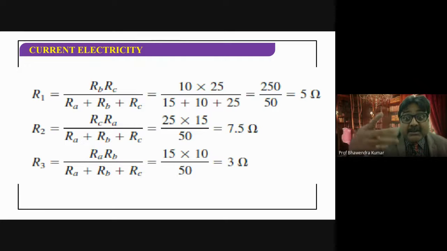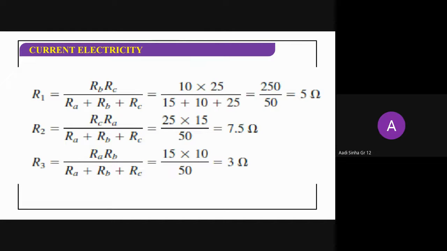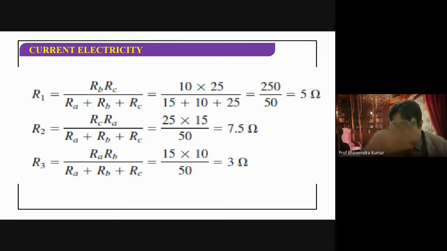In such a case, how to proceed? We cannot wait to apply Kirchhoff's laws and solve all the circuits, right? We don't have that much time. So we convert the circuit to an easier format so that we can still apply the series and parallel formula. Okay?